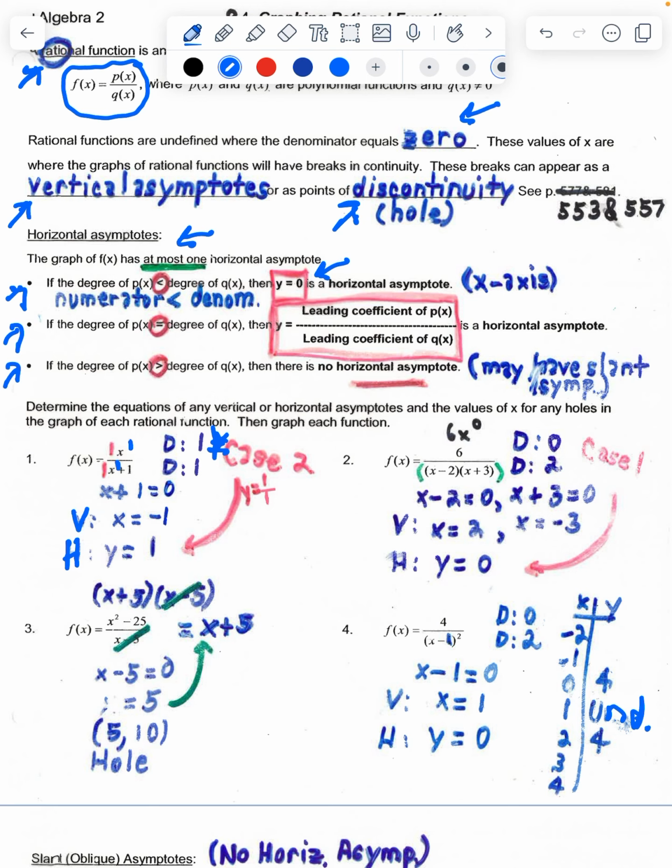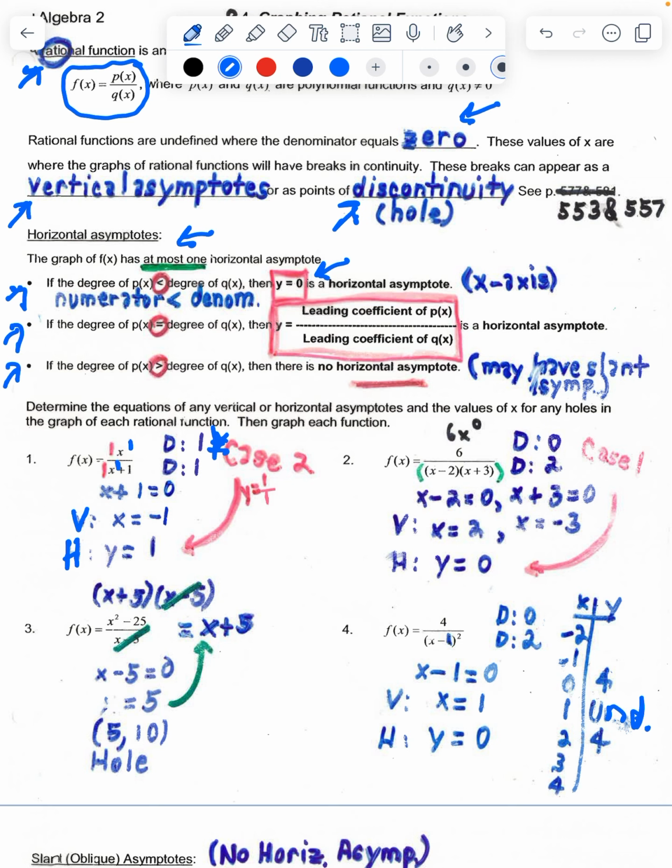And that's also the case when you plug in +2. 2 minus 1 is 1, squared is 1, and 4 over 1 is 4. So it's not that you can't find these values the good old-fashioned way. I'm just permitting you to use graphing technology to speed up the process.